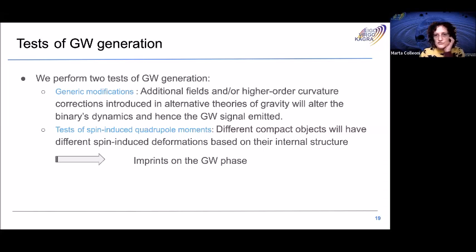And this test leverages the idea that different compact objects will deform as an effect of their rotation, and they will develop spin-induced deformations based on their internal structure. And if we measure these effects, we could learn something about the nature of the compact objects that are merging. So we look for imprints on the gravitational wave phase of these two modifications.